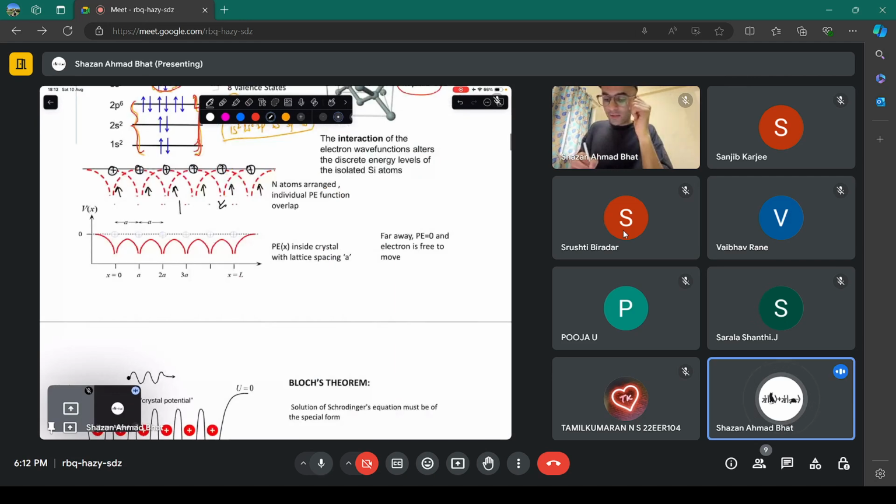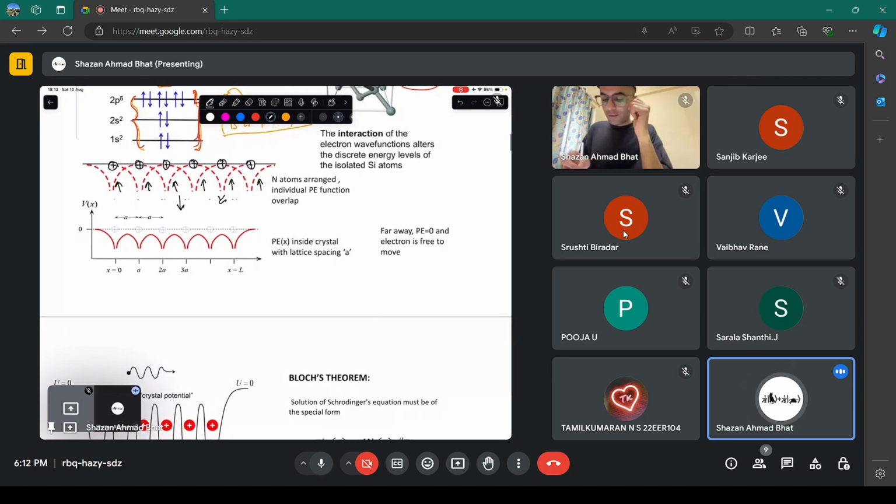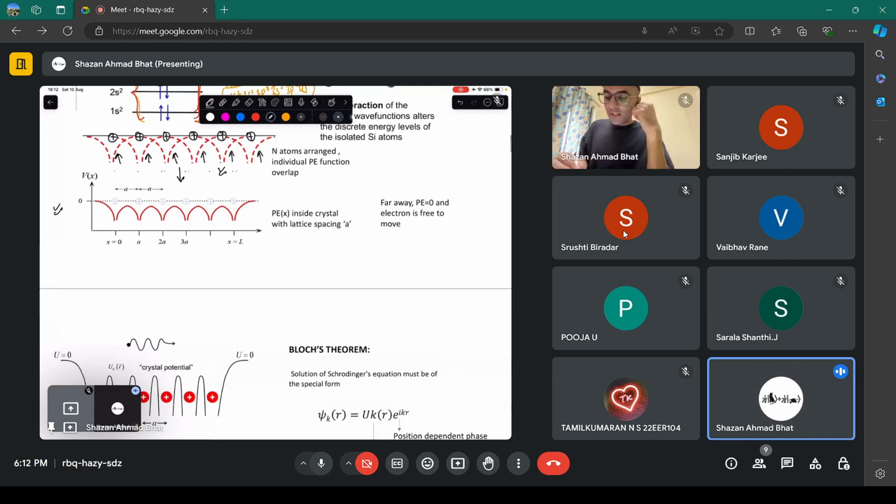Now you can extrapolate this to the second figure here. This is the potential because of this nucleus, this is the potential because of this nucleus, and so on and so forth. It keeps repeating. You see that these overlapped regions cancel out and you don't see them anymore here.